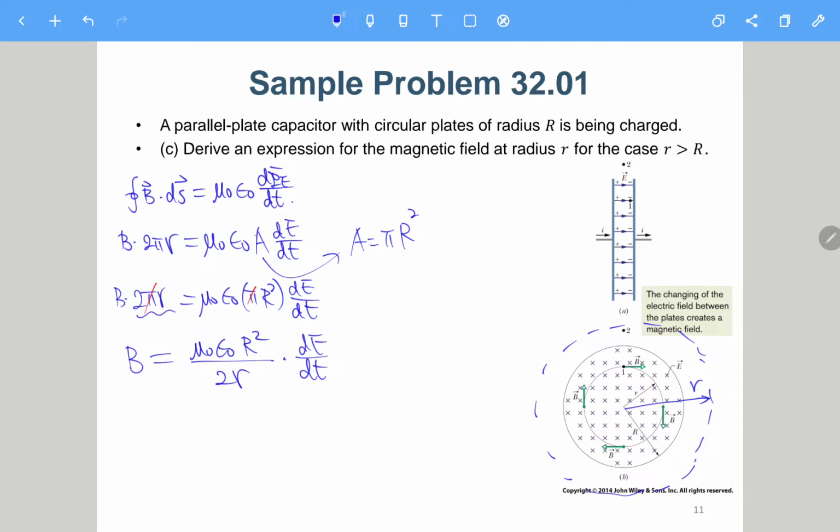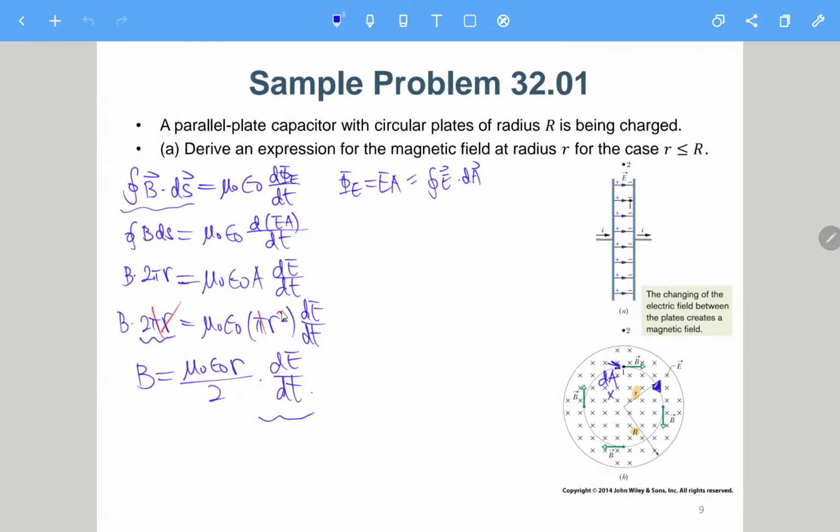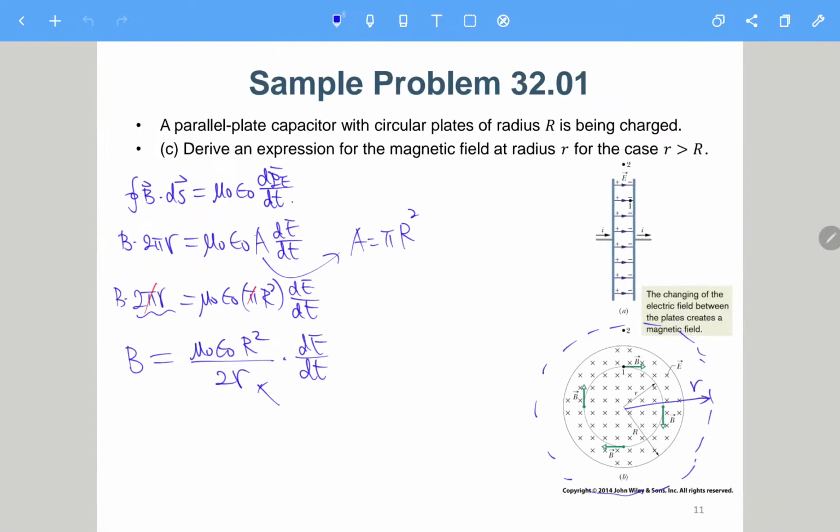Okay, so here outside it is inversely proportional to the radius. Inside, where r is smaller than or equal to capital R, the magnitude of the B field is proportional to the radius. Here r is larger than capital R, so it is inversely proportional to r.